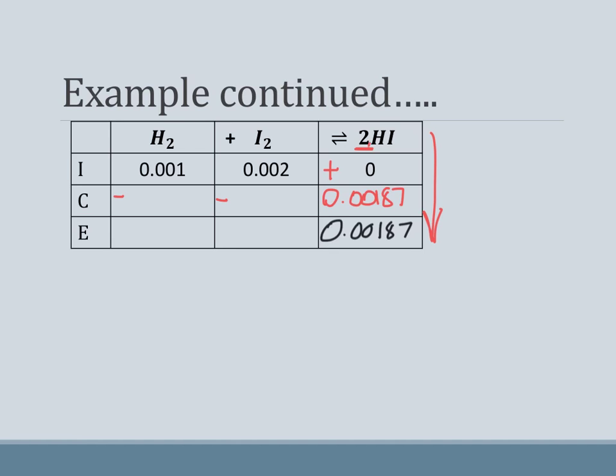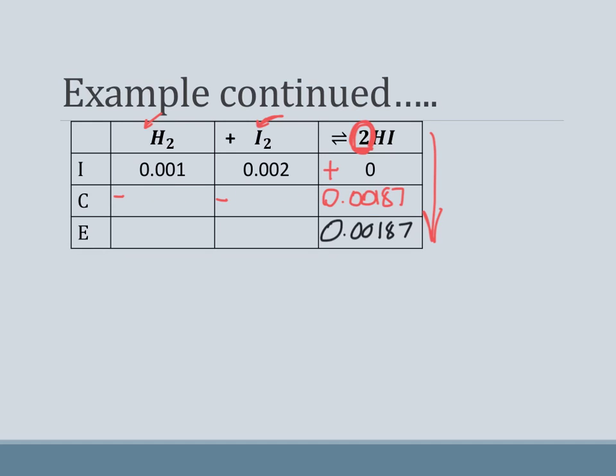And we also need to consider the fact that every time we make two of these, we have taken away one of each one of these. So we have to deal with the stoichiometry. So our change value on the product side is twice that of our change value on the reactant side.